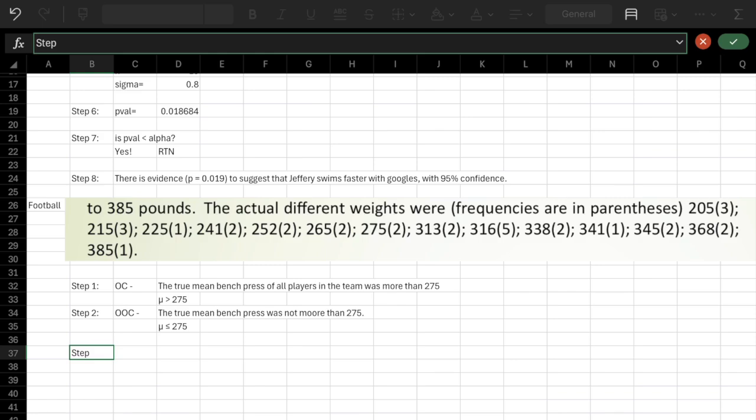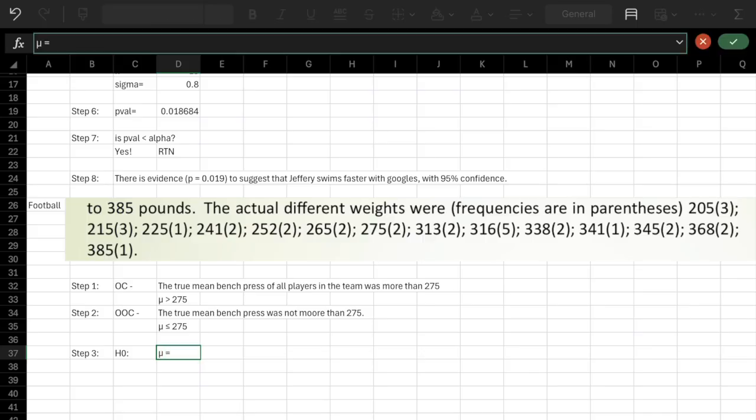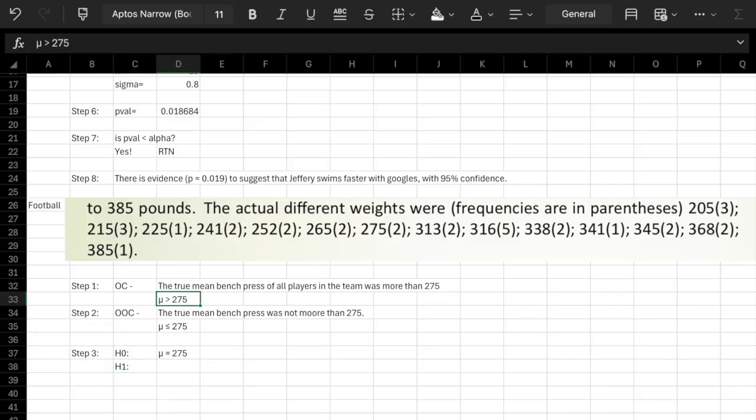Step 3. The null hypothesis. I bet you guys already know what this is going to be. This is going to be mu equals 275, and the alternative is the leftovers, so that's going to be this one again. Copy, paste. There we go.